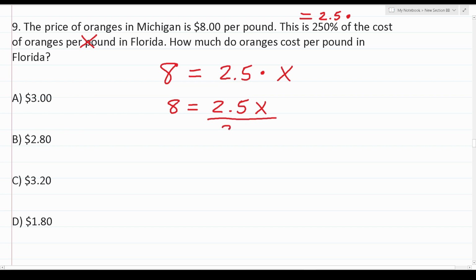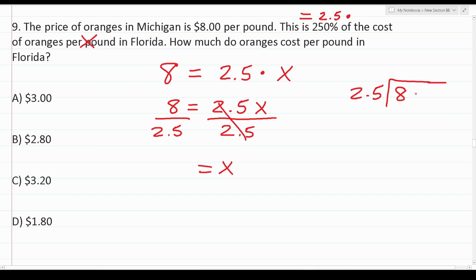So let's divide both sides by 2.5 now. This crosses out here, leaving you with x. And as you can see, x is 8 over 2.5. We're actually going to read that as long division, notably as 8 divided by 2.5. And now we're doing long division involving a whole number, notably 8, and a decimal, notably 2.5.